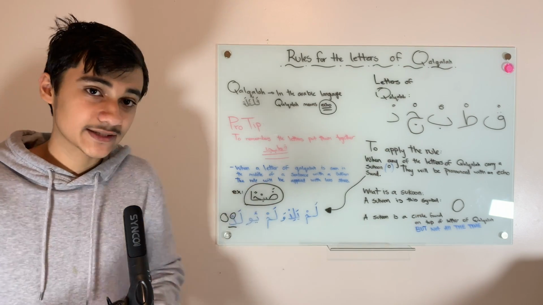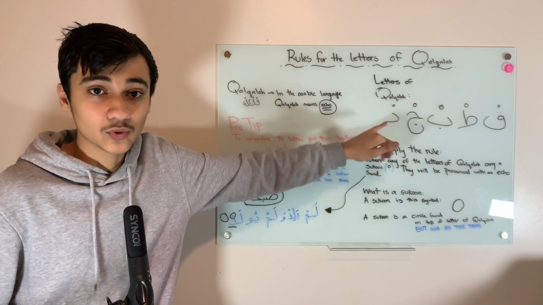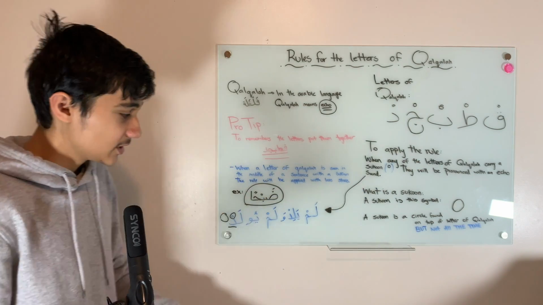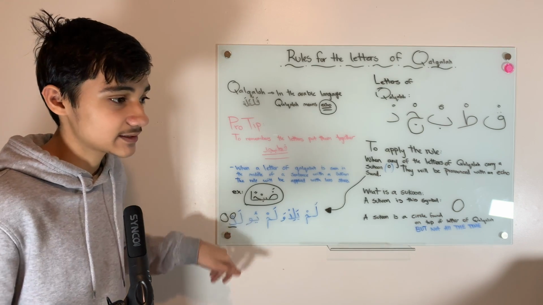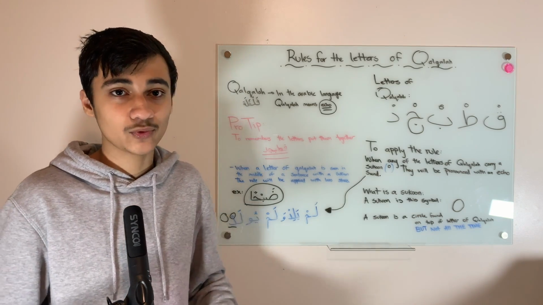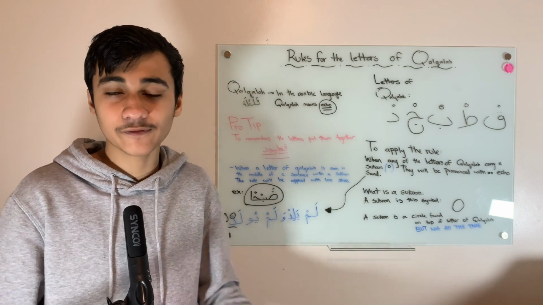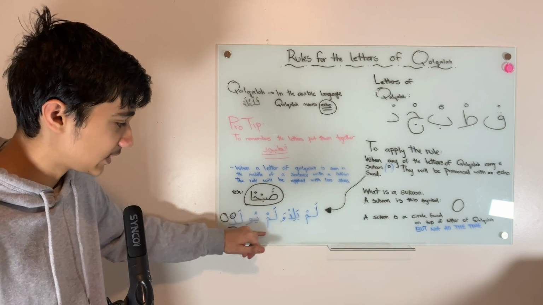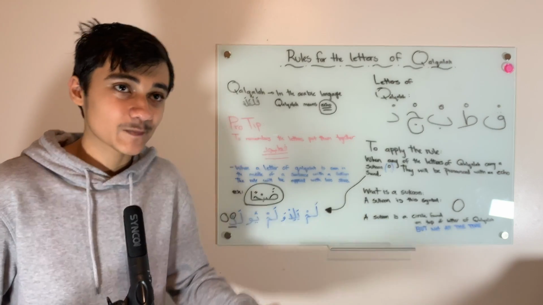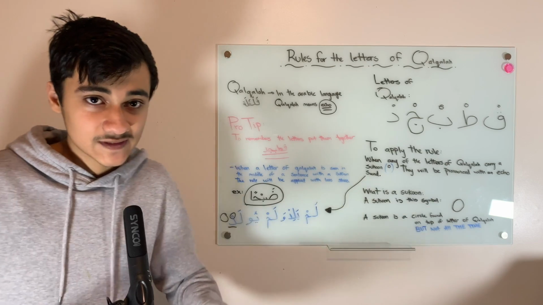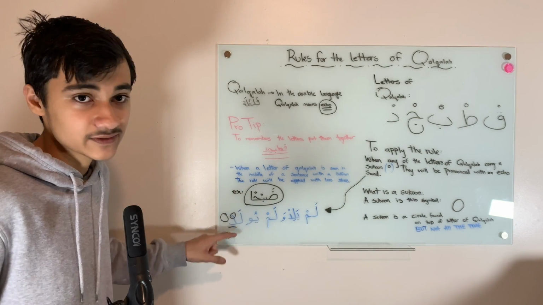So the way we would apply this rule would be a lot different. When the letter is at the end of a sentence, we would do the echo sound really roughly, or pronounce it fully. We would say, Lam yalid wa lam yulad. That's how you would say it when you have it at the ending of a sentence.